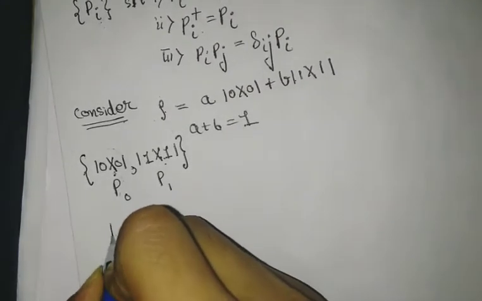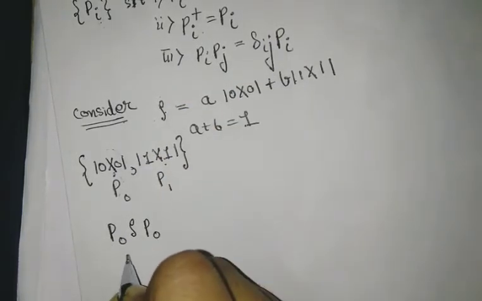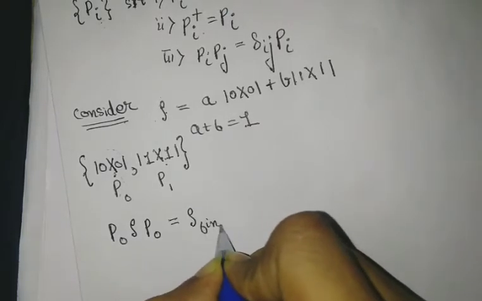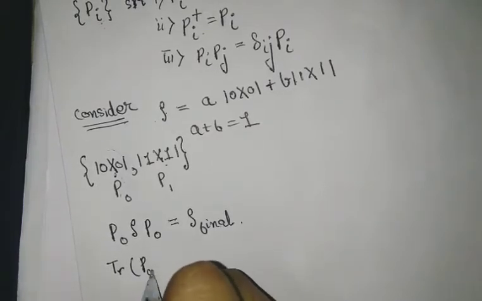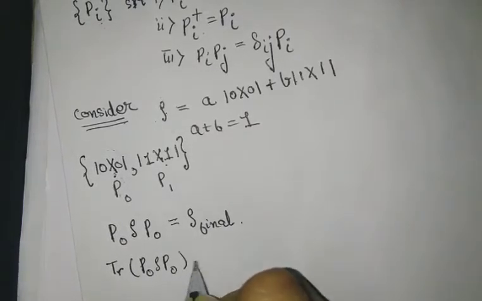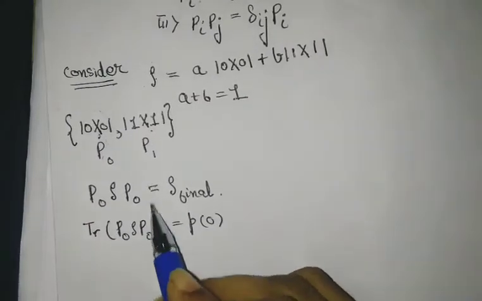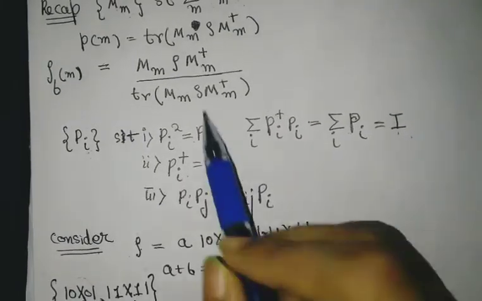Then I have P0 rho P0, and these two things follow from this.